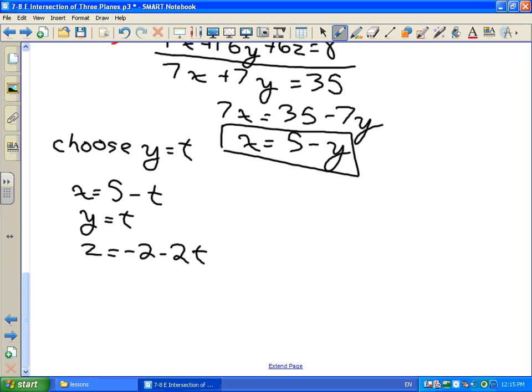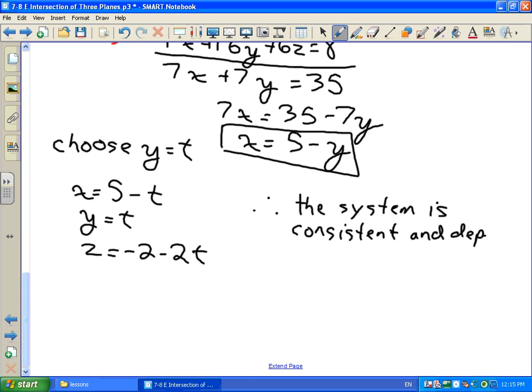So what can we say now? We found the equation, so we can say something like, therefore, the system is consistent, because there is a solution. It's dependent, because we have an infinite number of solutions. And we now have the equation of our line of intersection.